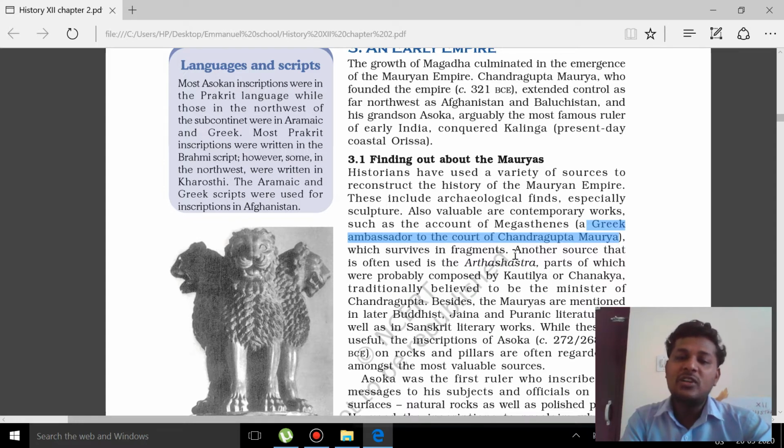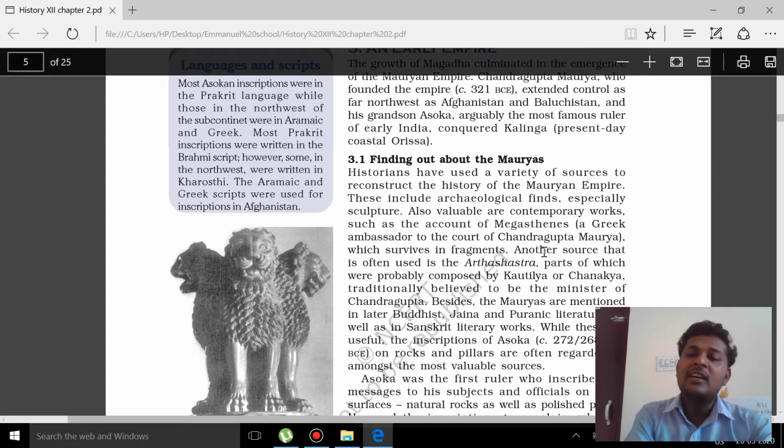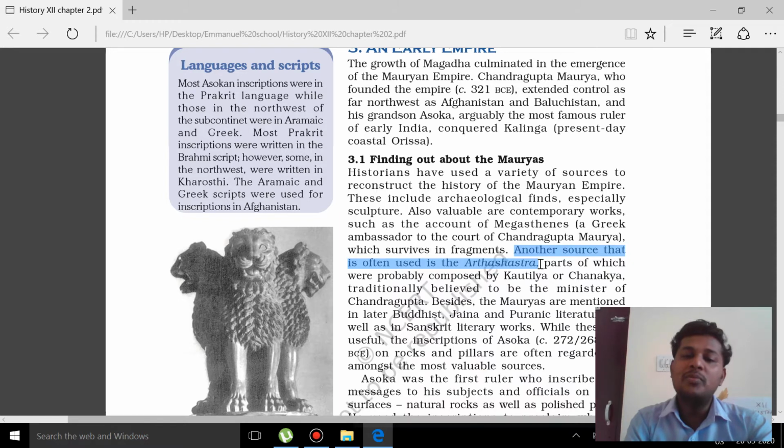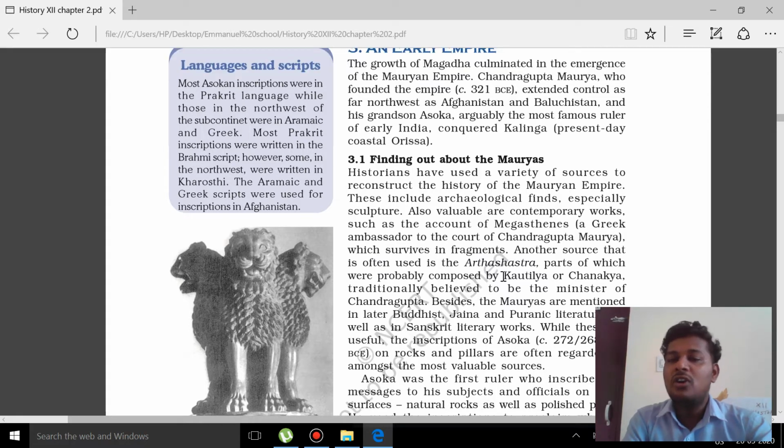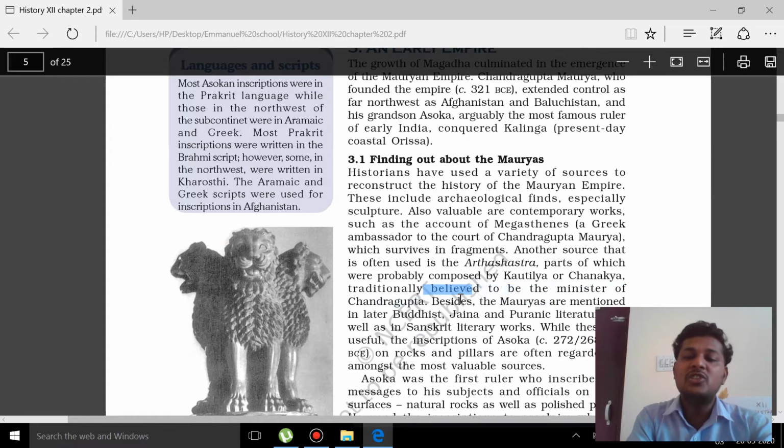Another important source is the Arthashastra, parts of which were probably composed by Kautilya, also called Chanakya. The Arthashastra is not completely composed by Kautilya. He is traditionally believed to be the minister of Chandragupta Maurya.